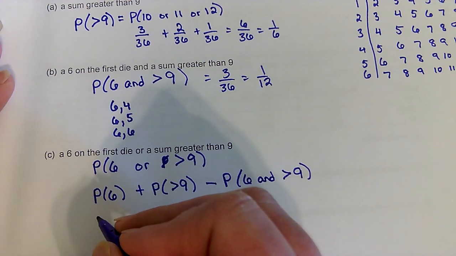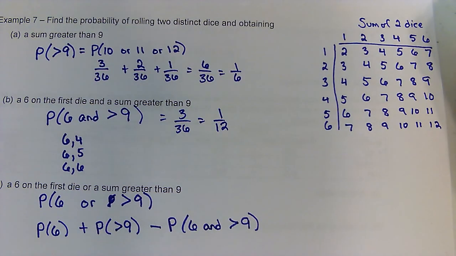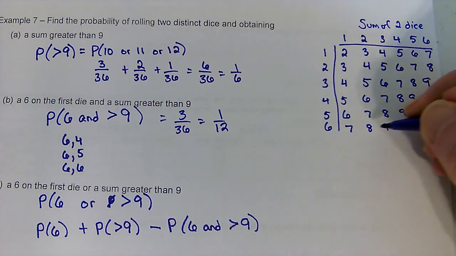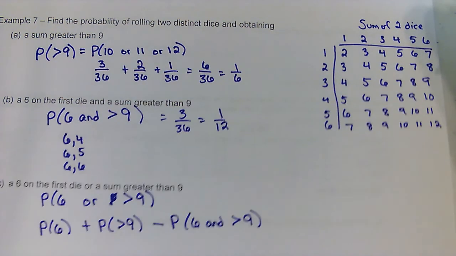So probability of getting a 6, let's see how many different ways we could get a 6. Oh, 6 on the first die.